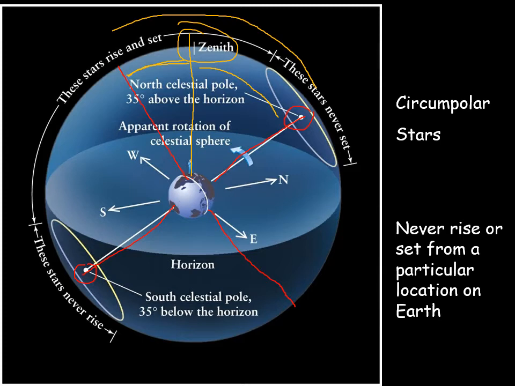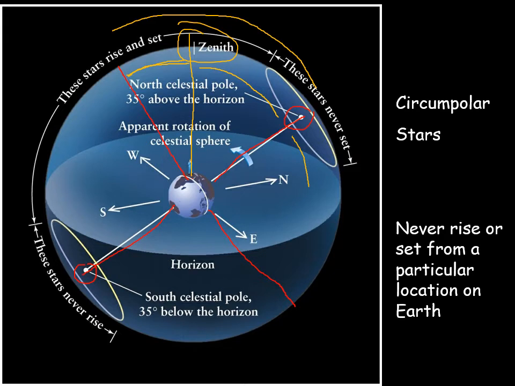So the North Star is going to be 57 degrees from the zenith. That means it's going to be 33 degrees from the horizon. So that's kind of an interesting thing. Then the north celestial pole is going to be as far above the horizon as your latitude is. So if you're in the northern hemisphere, it's going to be that far above the horizon. If in the southern hemisphere, it's going to be below the horizon.